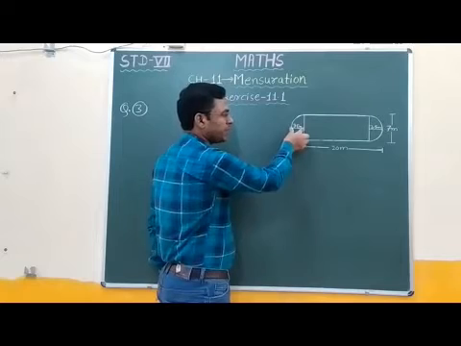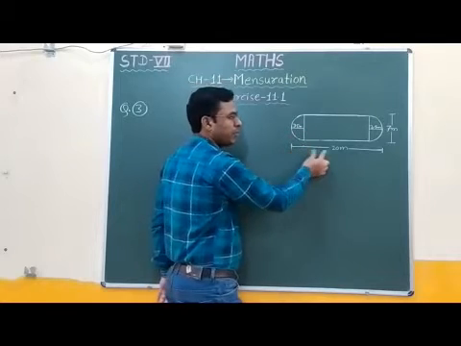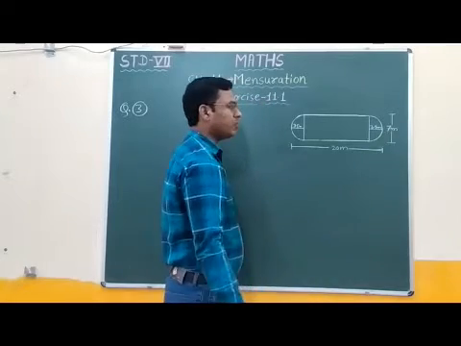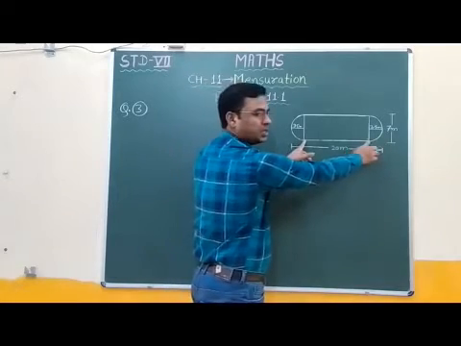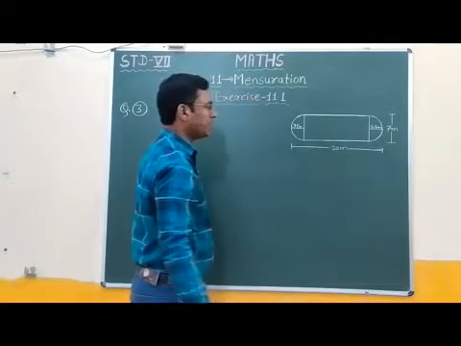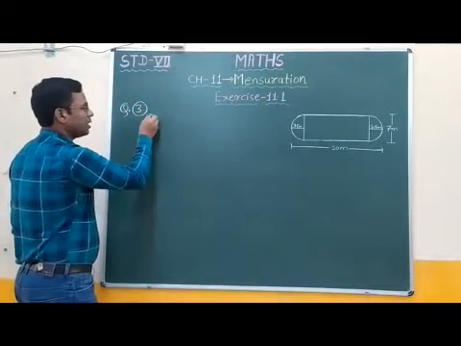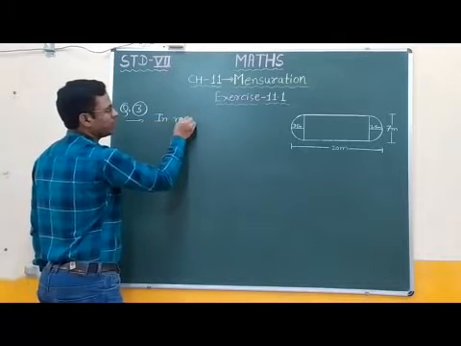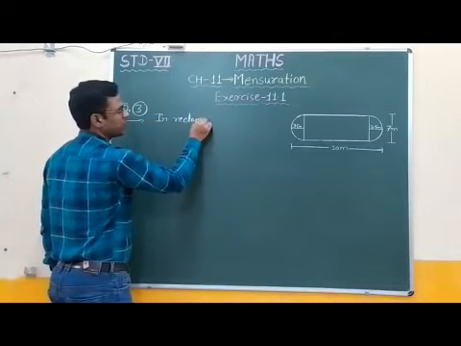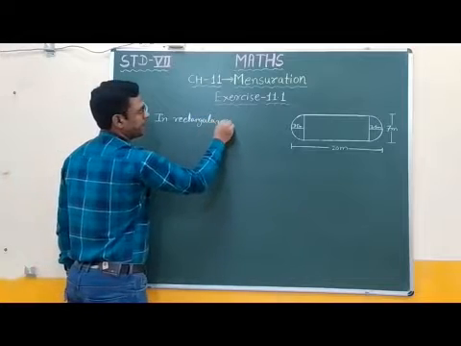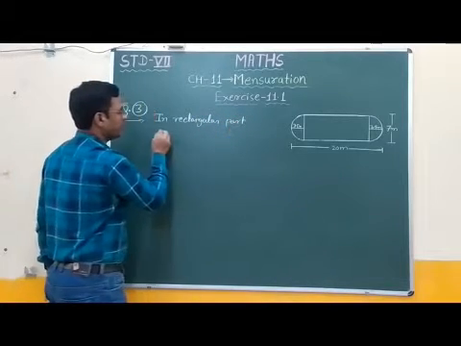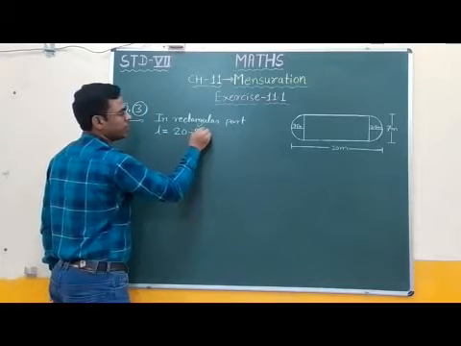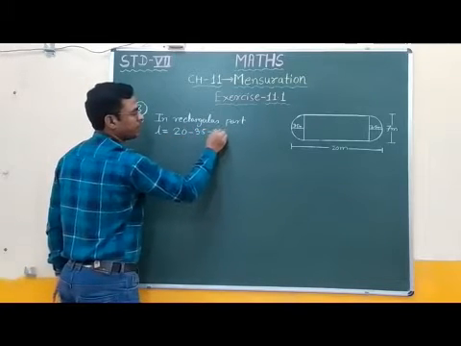Now if we subtract this 3.5 and this 3.5 from this 20 meter, then we will get the length of this rectangular part. Therefore we can write here, in the rectangular part, L is equal to 20 minus 3.5 minus 3.5.